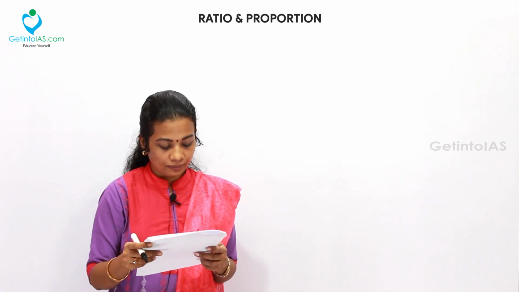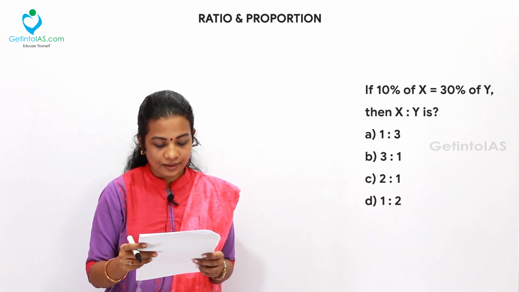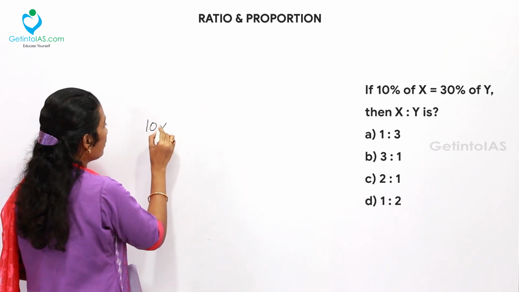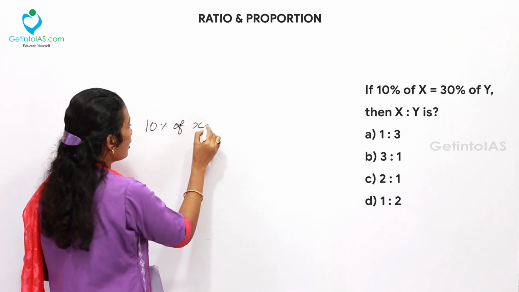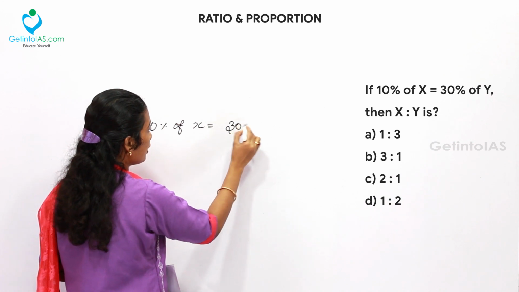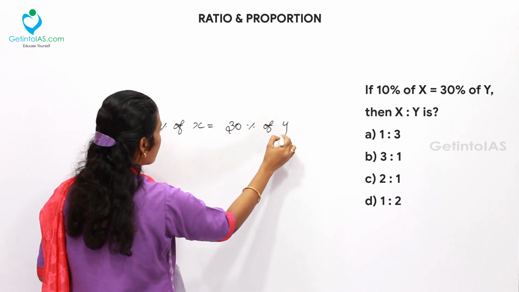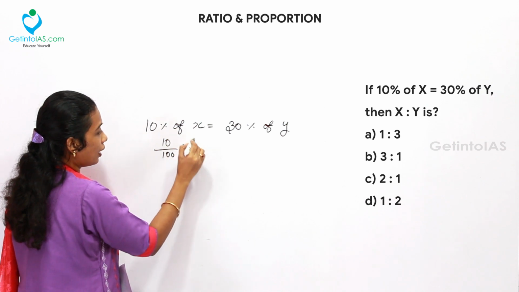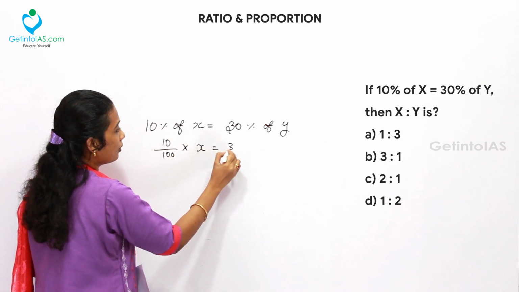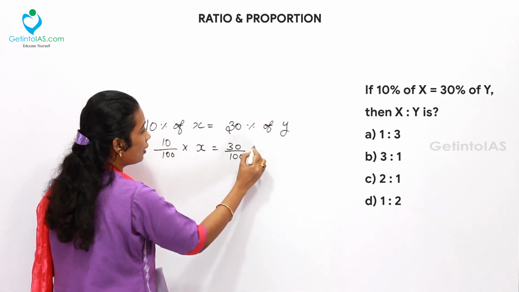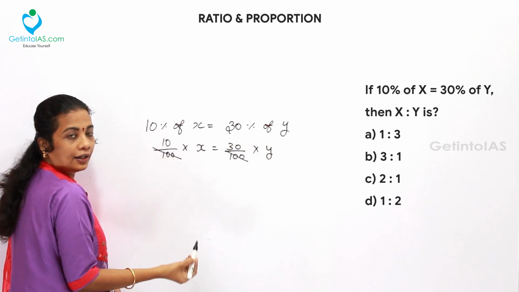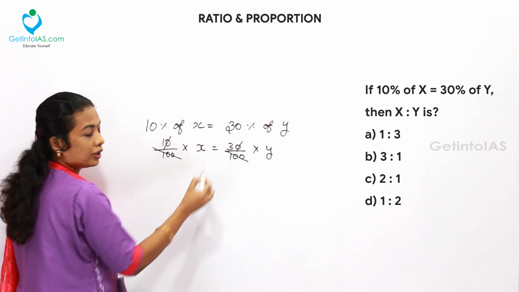The next question: if 10% of x is 30% of y, then x is to y is what? 10% of x is equal to 30% of y. Simply, 10 by 100 of x, I am making multiplication, here 30 by 100 into y. So here 100 directly cancels, 0 and 0 cancel.